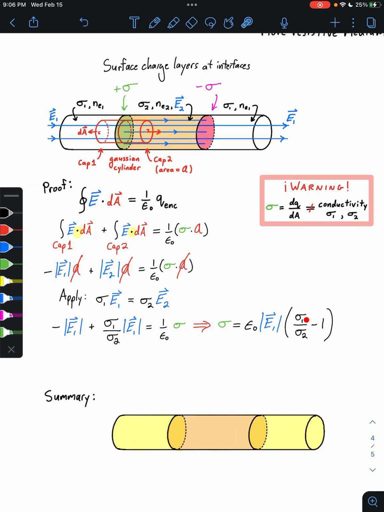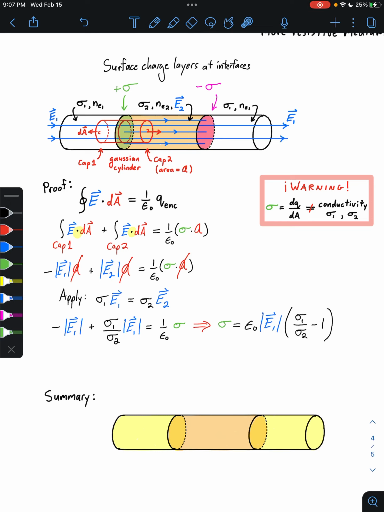But if these two are different, and that is specifically if sigma 1 is greater than sigma 2, that is, if this conductivity is greater than that conductivity, then this is a number greater than 1. Minus 1 gives us a positive surface charge density at that transition. Therefore, we've got a positive charge layer here.